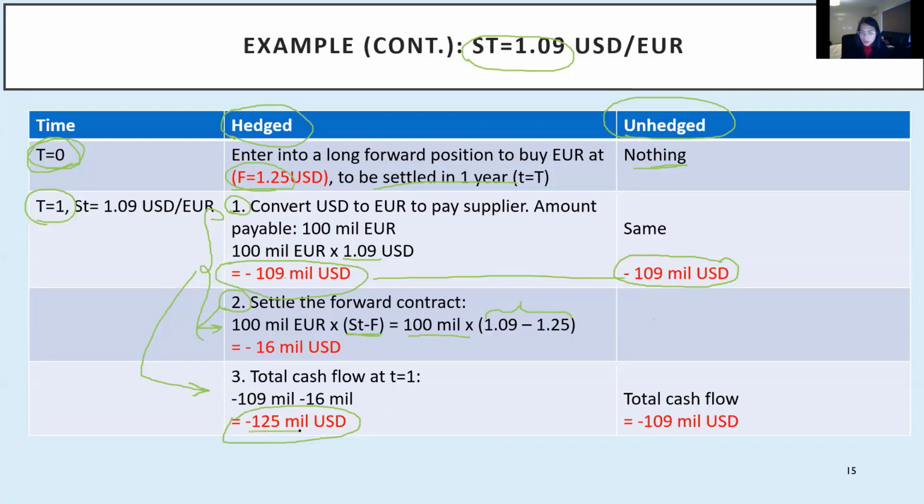So where does this number come from? It is once again the notional amount times the forward rate. So in this case, when I have a long forward contract, and the market rate is lower than the forward rate, I'm actually worse off relative to everyone else in the market because I need to pay a bit more.